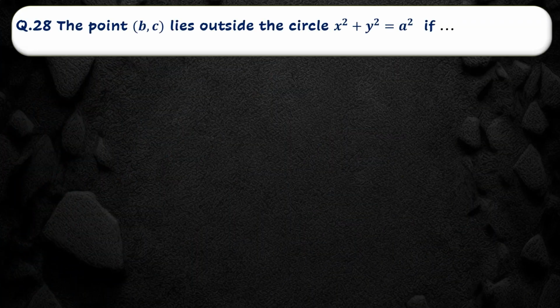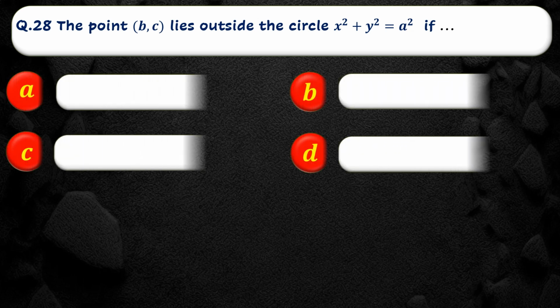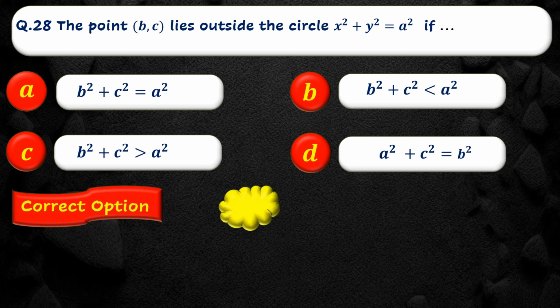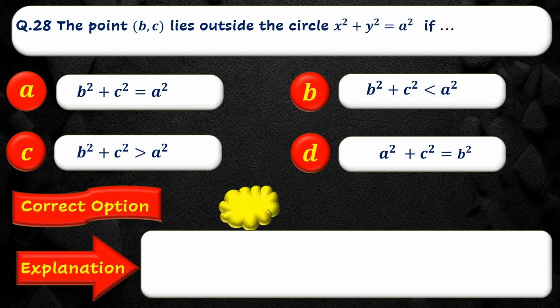Question number 28. The point BC lies outside the circle x square plus y square is equal to a square if, and the options are, let's check out which one is the correct option. Given circle is x square plus y square is equal to a square, therefore its center is 0, 0 and radius is equal to a. The given point is BC.